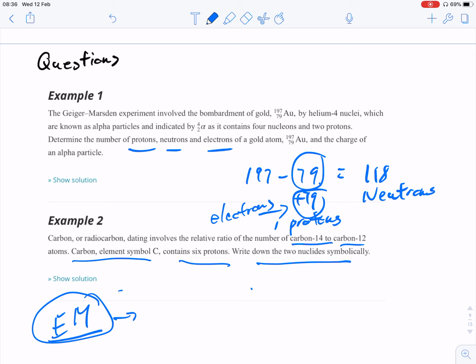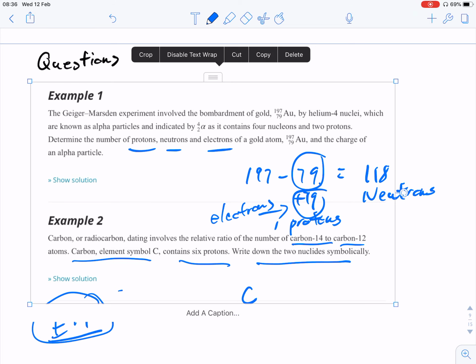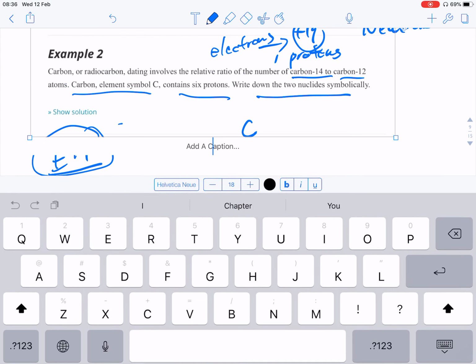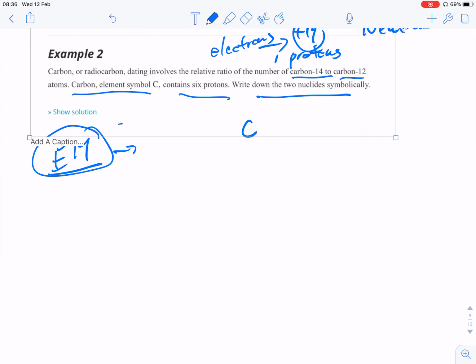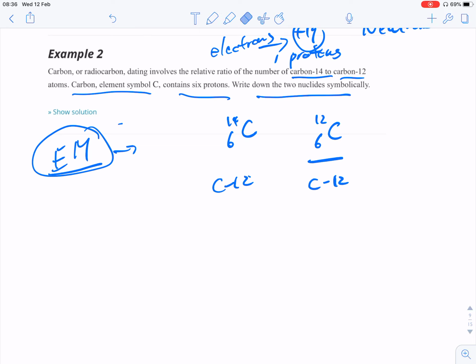So we're really looking at C14, and carbon has 6, and so that's C14, and this is C12. Okay, C12, C14. So these are the isotopes of carbon.